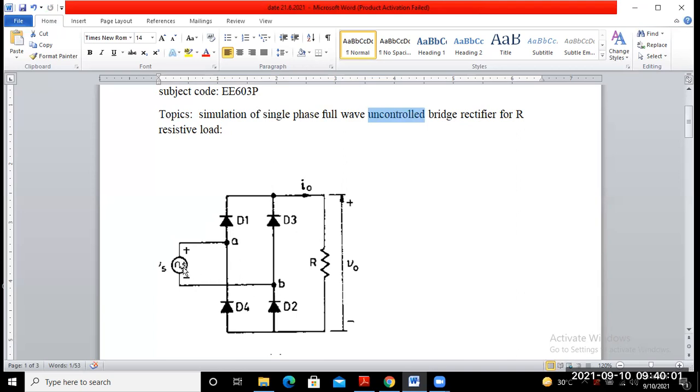So in the positive half cycle, diodes D1 and D2 are forward biased.